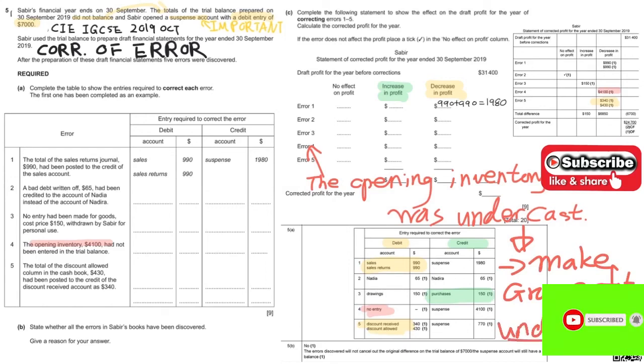So that's why when we try to adjust the error, we would cancel the effect of understating the gross profit. So that's why there will be an increase in the income for the business. So I would say this number 4 error is the most difficult one. Okay, so I would like you to bear in mind this point.